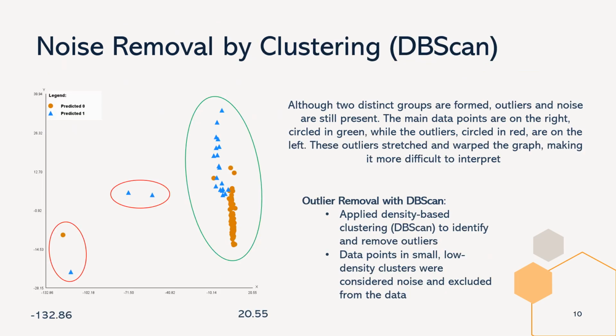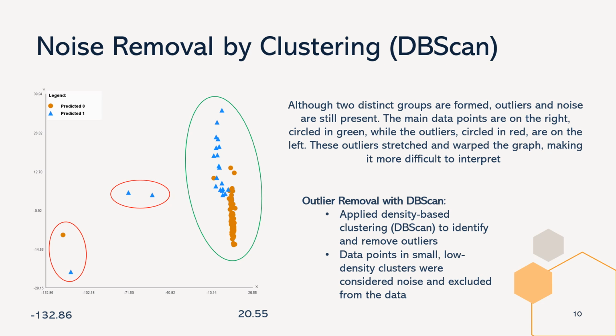So after PCA, you can see a distinct separation of the data. However, I realized that there was still noise and outliers within the data, as indicated by the data points circled in red. If you take a look at the axes, on the very left we have negative 130, and on the right we have positive 20. So these data points circled in red are actually stretching and warping the graph, which makes the data points on the right harder to interpret.